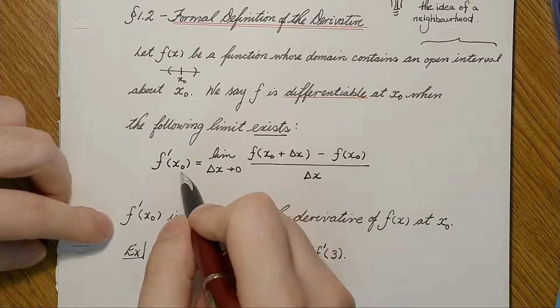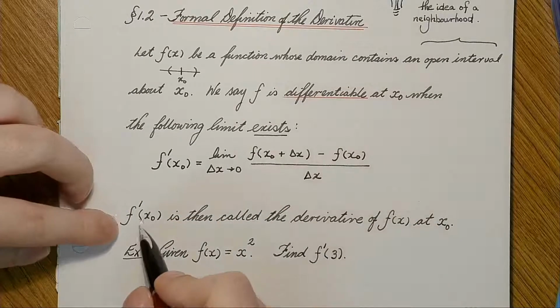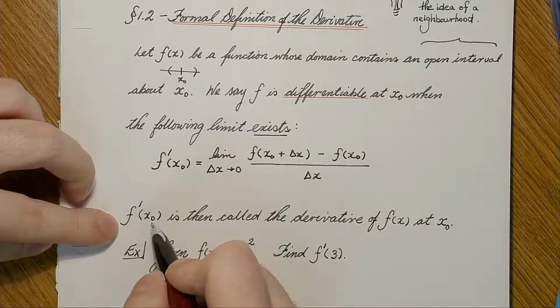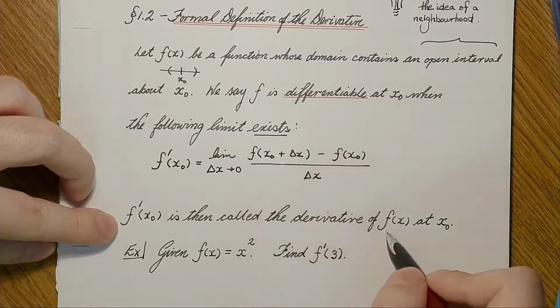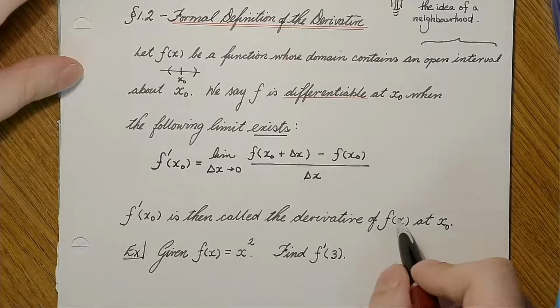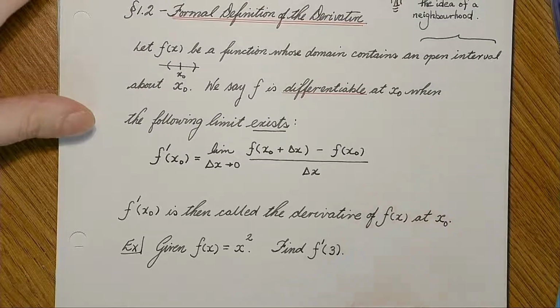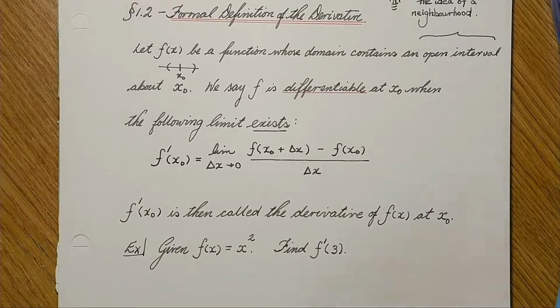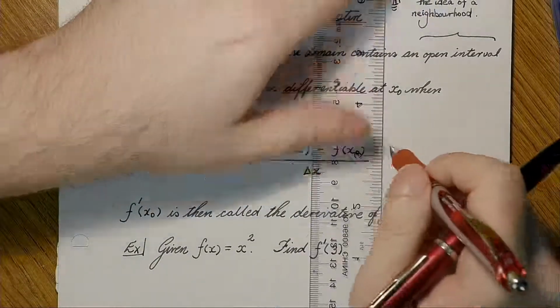Again, that's at a very specific point, x naught. So then we say that f prime at x naught is called the derivative of f at x naught. So this is what we'll be using as our definition.